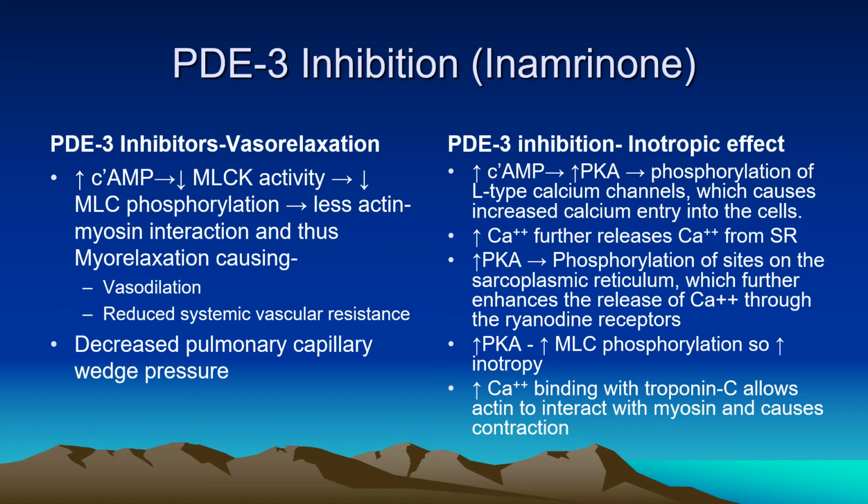In contrast to this, when cyclic AMP levels are increased, there is increased protein kinase A activity in cardiac myocytes. There is phosphorylation of L-type calcium channels, which causes increased calcium entry.